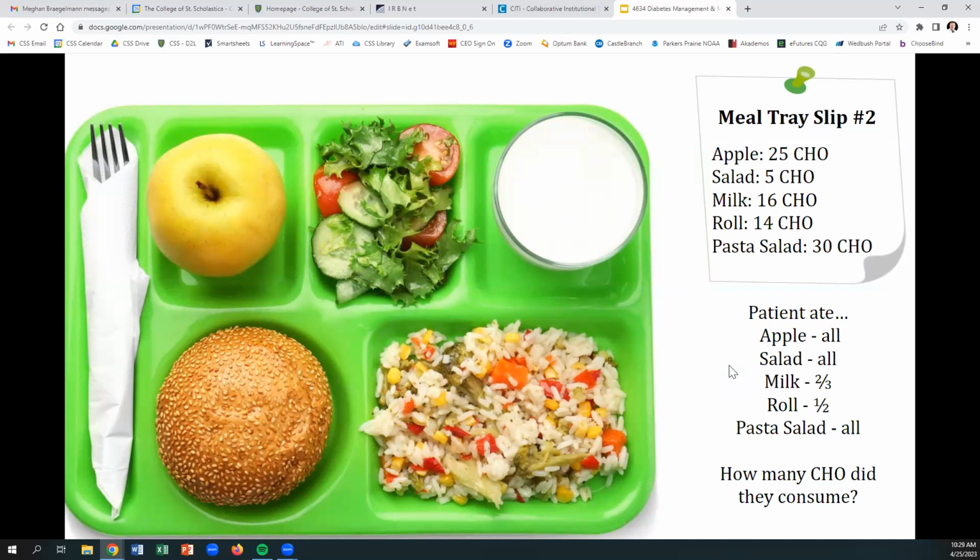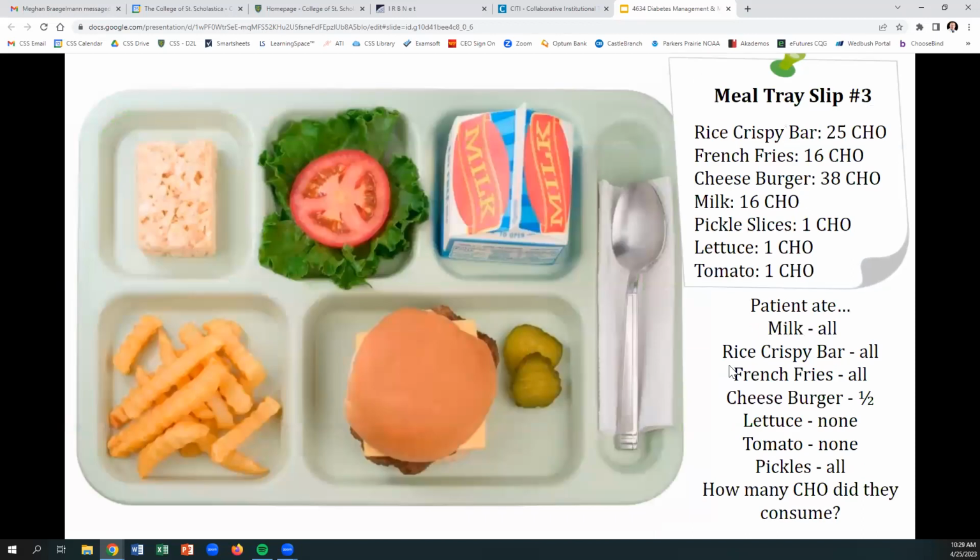Let's try another one. So you've got the meal tray slip right there, and then you've got what the patient ate. How many carbohydrates did they consume? Go ahead and give it a whirl.